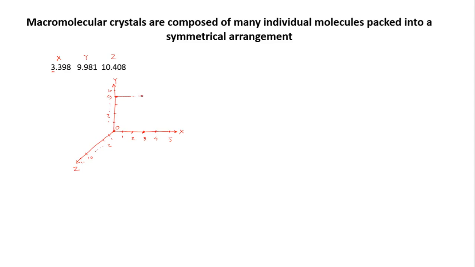You can locate it something like this. So this is the 9th position, this is the third position, and on the z-axis it is located at the 10th position, something like this.